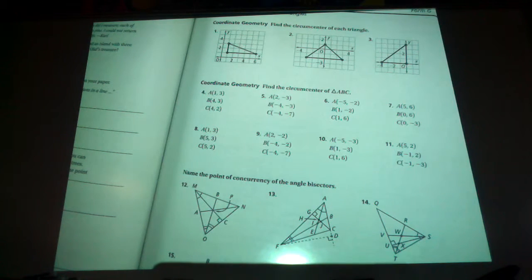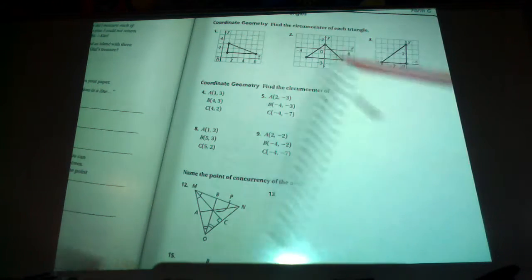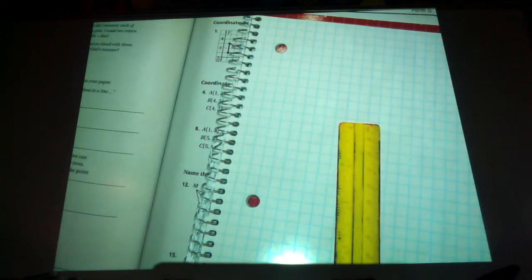So if I can get a plain sheet of paper, I'm going to create a coordinate grid.